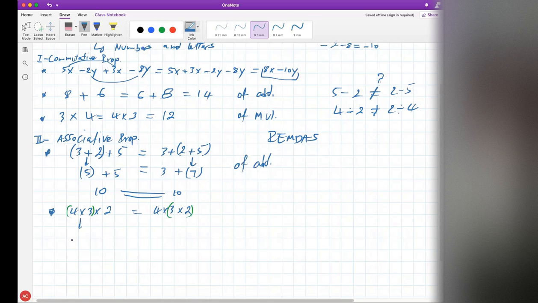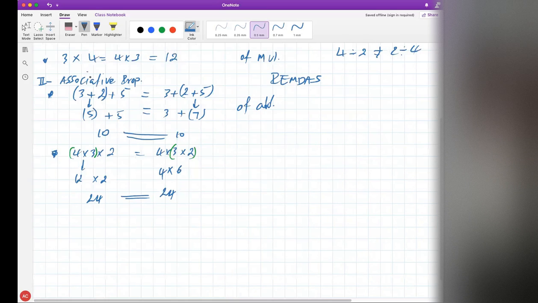So the parentheses first, that's 12 times 2, which is 24. And here, if we start from here, that would be 6 times 4, which is 24. See, the end result is the same. So again, that's called the associative property of multiplication.